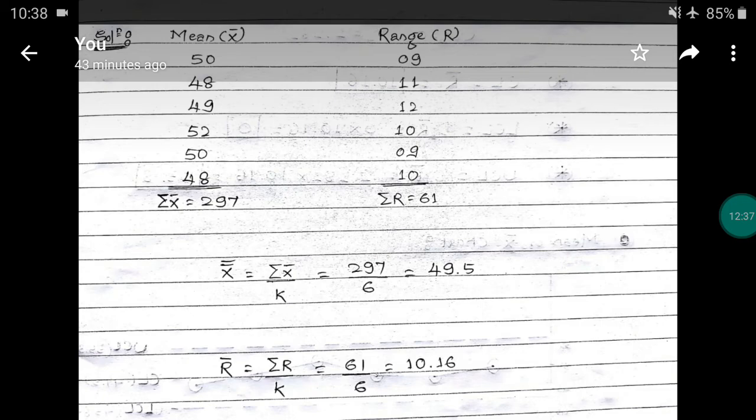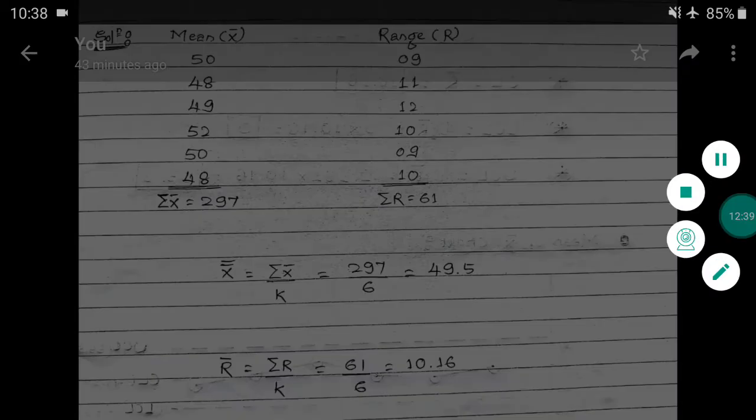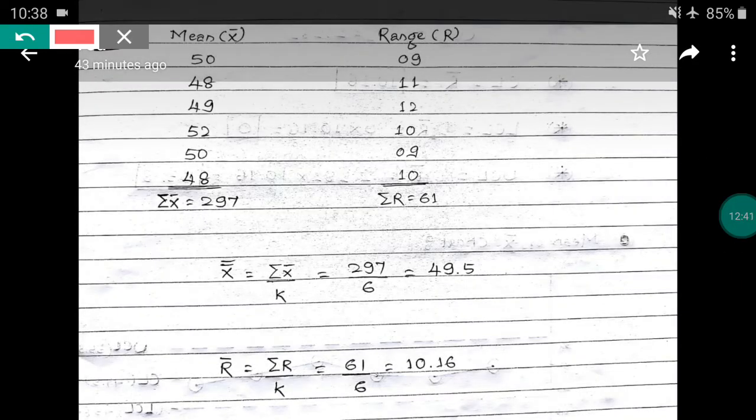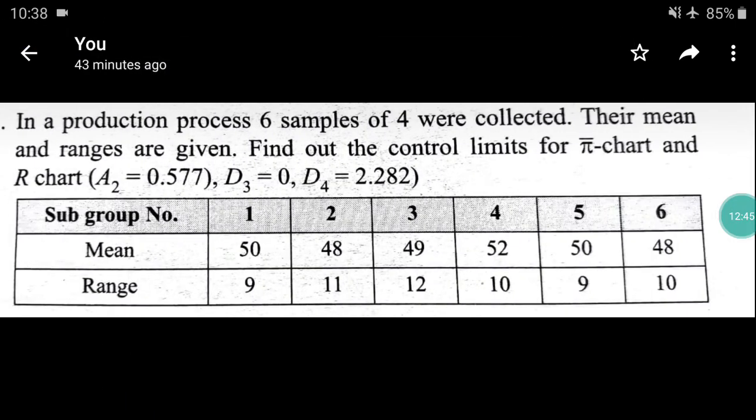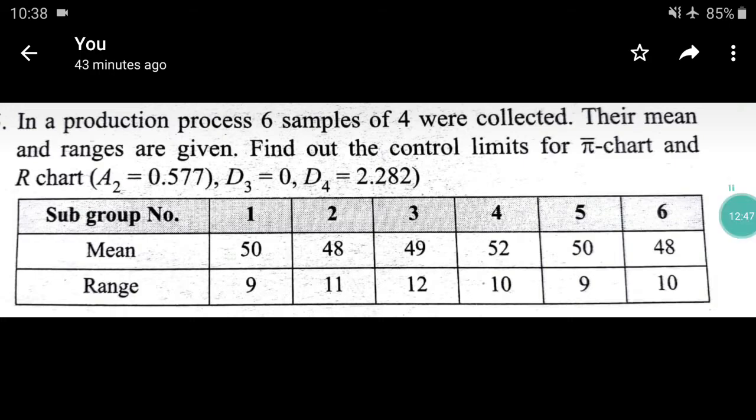Now the first step is calculation. They provide the mean, which is X bar, and range, which is R, for samples 1 2 3 4 5 6.